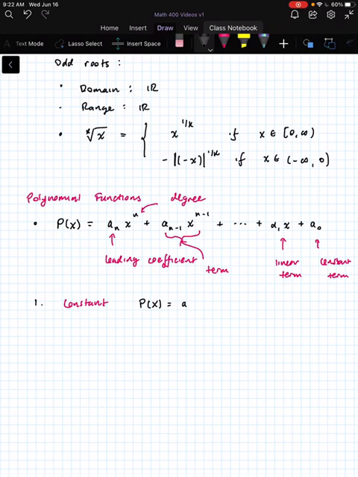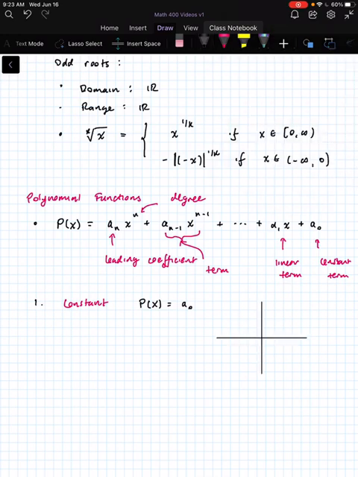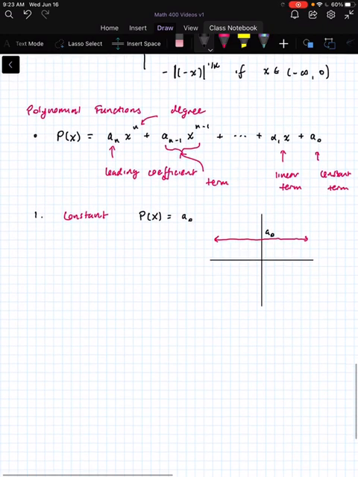In other words, P of x looks like a sub 0. That one's boring. It's a straight horizontal line, and it's located at a sub 0. So a sub 0 is the height of this function, and it's not very interesting.